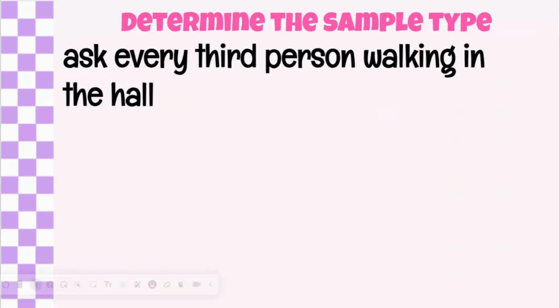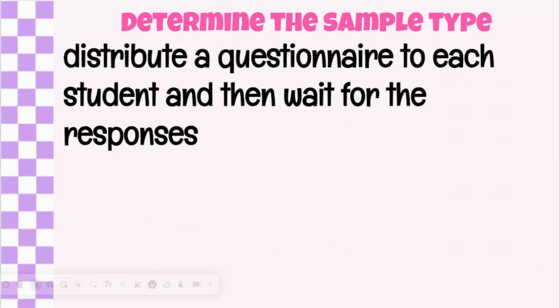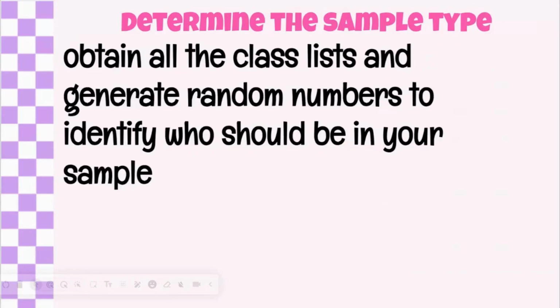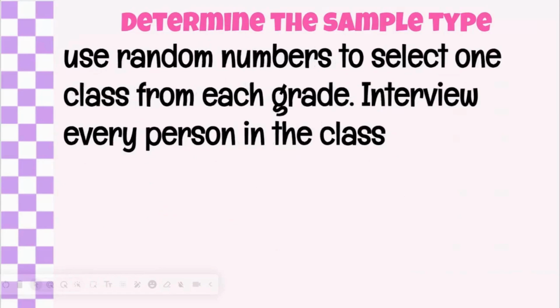A few questions just to check for understanding here. If you're asking every 3rd person walking in the hallway, that is going to be systematic. Distributing a questionnaire to each student and waiting for the responses is voluntary. Asking your friends is convenient. Obtain all the class lists and generate random numbers to identify who should be in your sample. That's going to be a random sample.